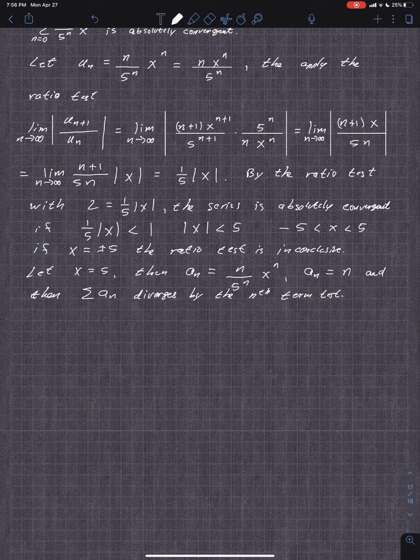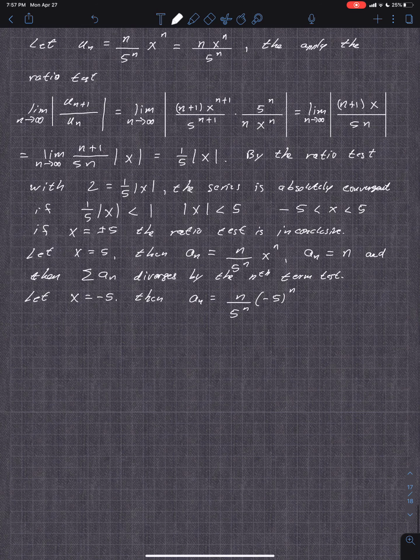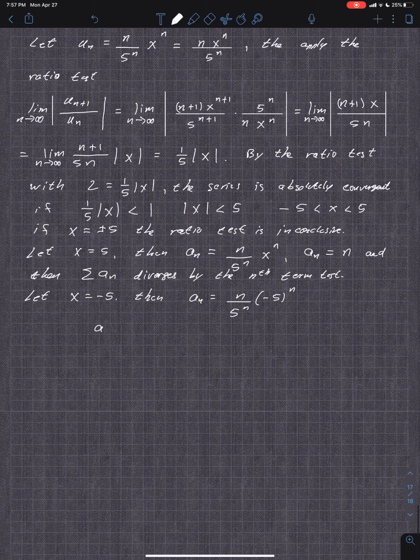Okay, so then what if it's negative 5? So now let x equal negative 5. Then a sub n equals n over 5 to the n, and then it'd be negative 5 to the n. So probably best just to substitute in values now. So do a0.